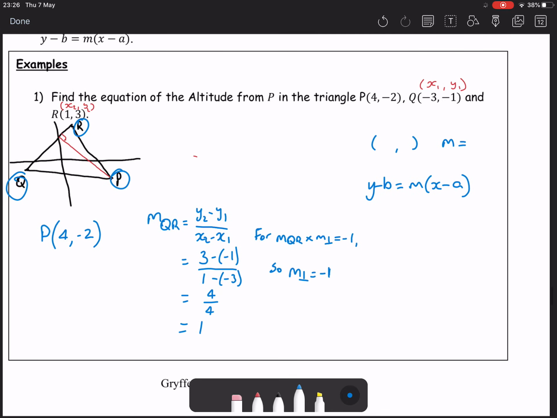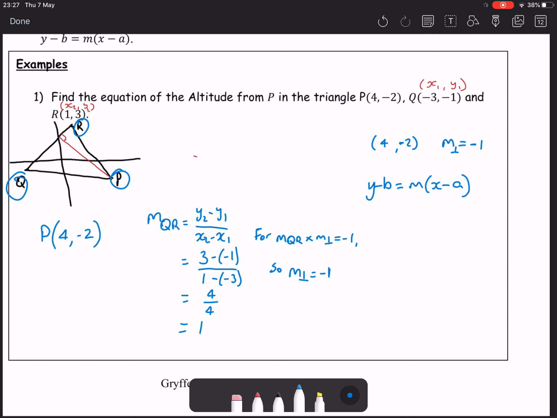So looking at our equation, the point we were given is (4, -2). Our gradient, m perpendicular, is -1. And going through my straight line formula, I'll get the equation of my altitude.